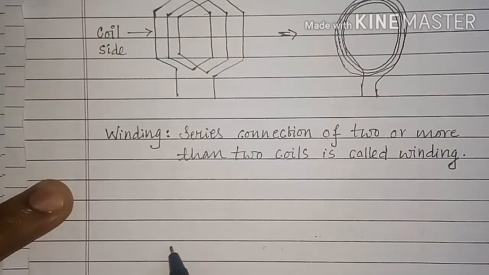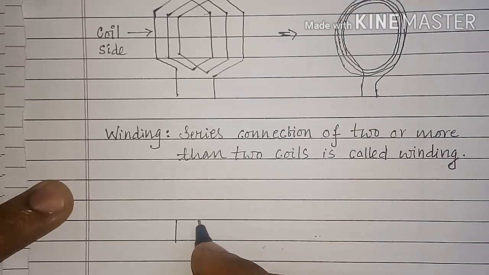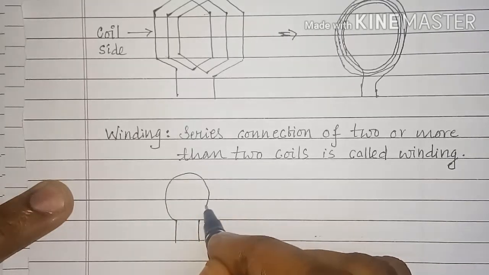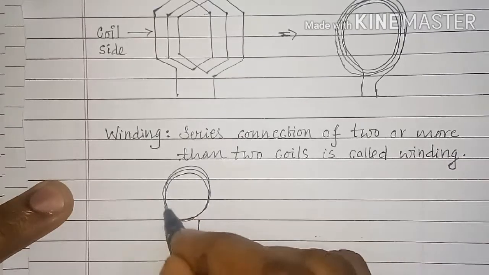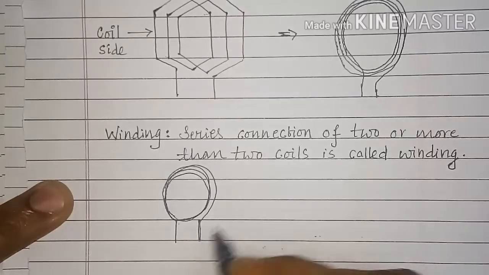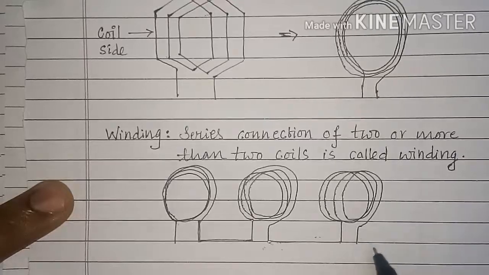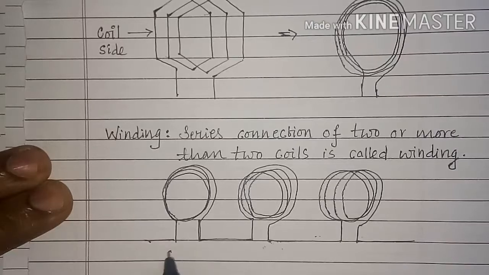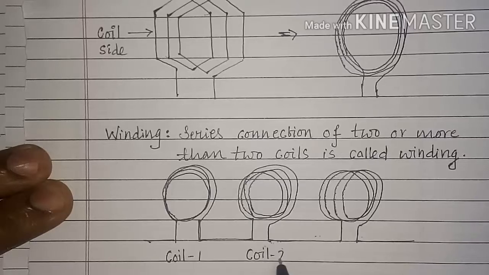A winding may be obtained just by connecting more than two number of coils in series as here. I will name these coils as coil 1, coil 2 and coil 3.